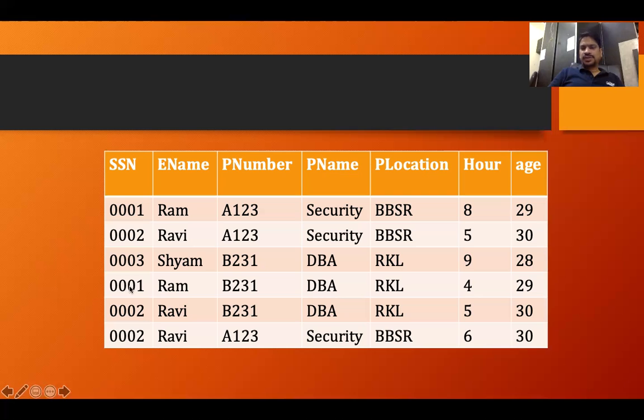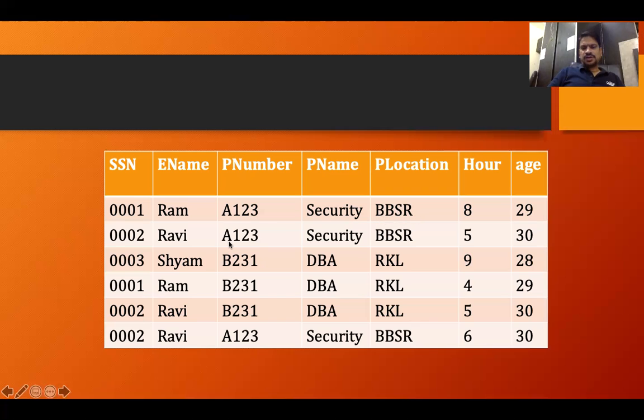So we find two functional dependencies here. SSN determines E number, and project number determines project name. Right? Can we say project number determines project name as well as project location? Is it true? Project number 123 is security and BBSR.